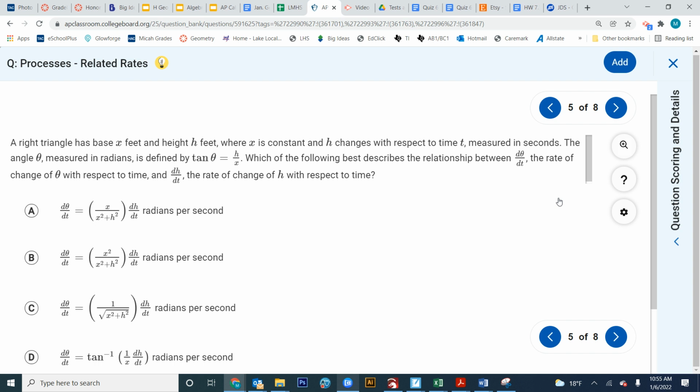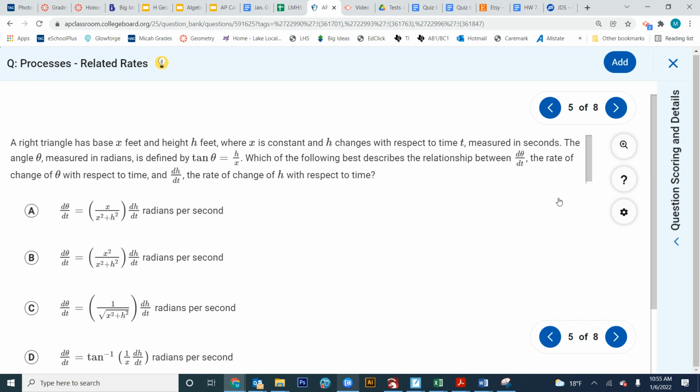Option 1, take it as is. But what's the derivative of tangent of theta? Secant squared theta times d theta dt, right? Option 2, get theta by itself first before I take the derivative. How do I get theta by itself? I have to get rid of the tangent. What gets rid of a tangent?